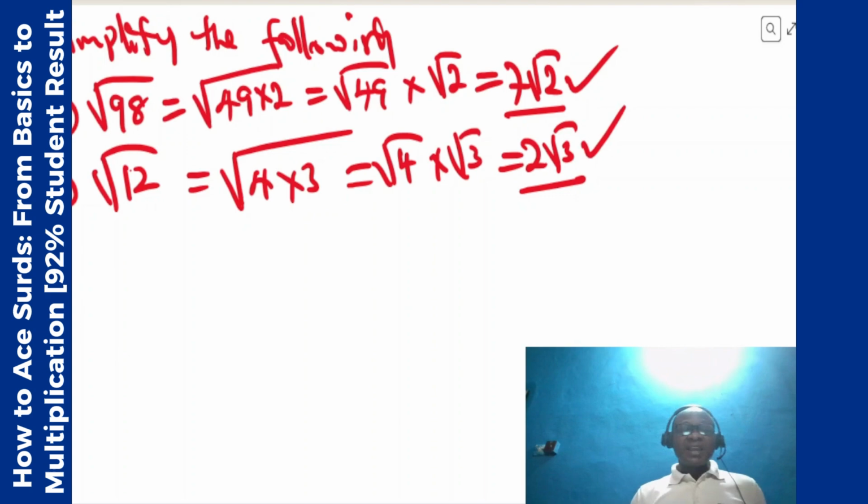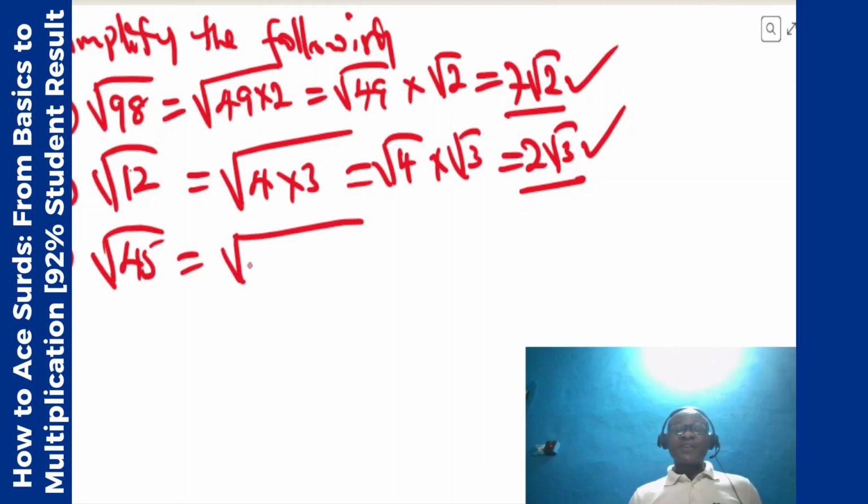Yeah. If I give you something like this to simplify for me, the square root of 45, you need to find one of the numbers that can divide 45 to be a perfect number. By a perfect number, I mean all these ones that I have given you their square roots from number 1 to the number 20. So now I can write 45 as 9 multiplied by 5 because I know the square root of 9.